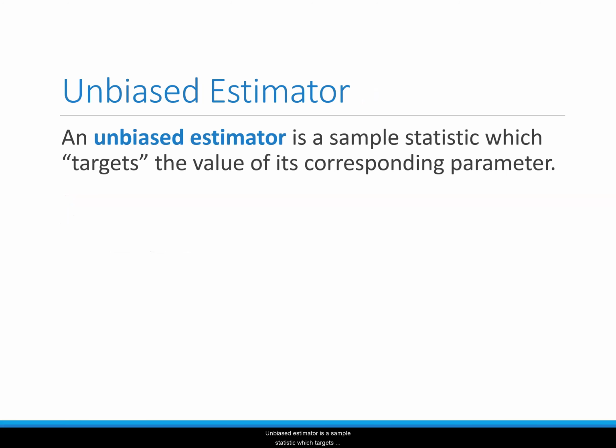An unbiased estimator is a sample statistic which targets the value of its corresponding parameter. We use a sample statistic to try to estimate the corresponding parameter. For example, we look at a sample mean to target the population mean.